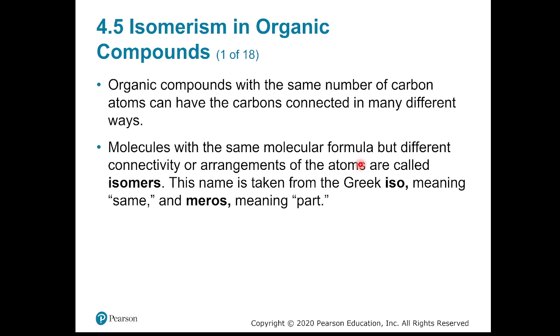Now, is this just butane, or do we need to put something else? What else do we have to put here? What's this group here? That's a branch, right? That's a branched alkane chain, and we need to label that.